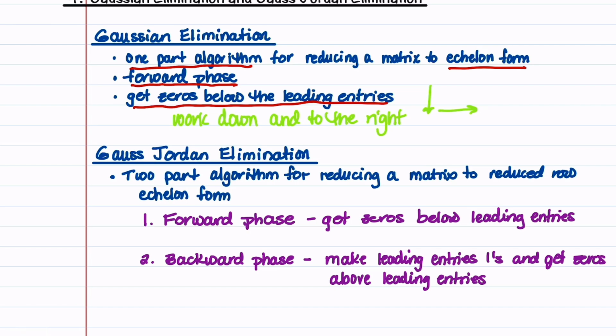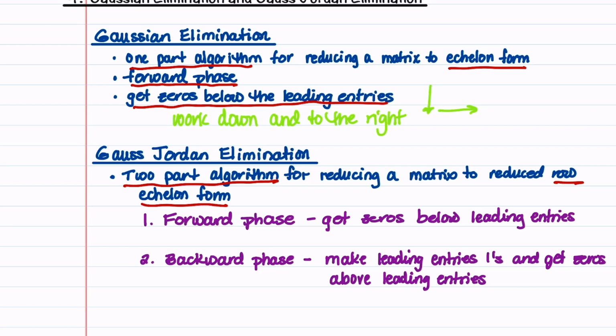Gauss Jordan elimination is a 2-part algorithm for reducing a matrix to reduced row echelon form. So with Gaussian elimination, you reduce the matrix to echelon form, whereas with Gauss Jordan elimination, you reduce the matrix to reduced echelon form. So Gauss Jordan elimination has 2 phases.